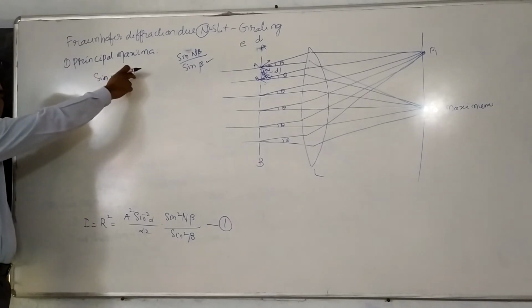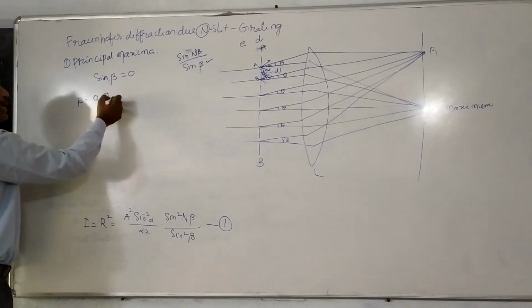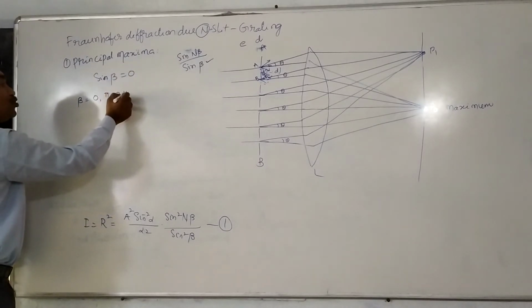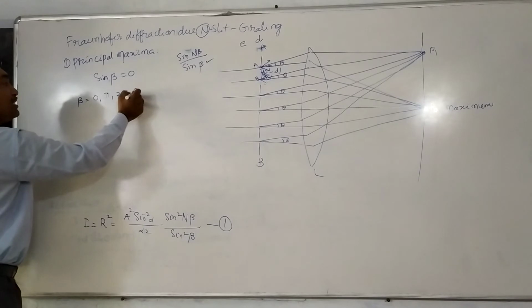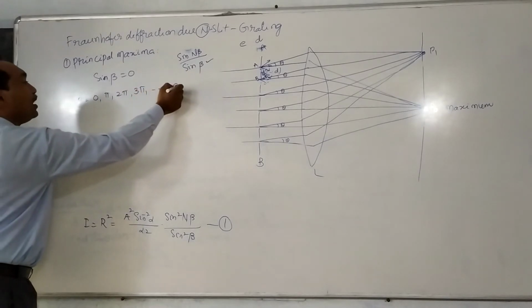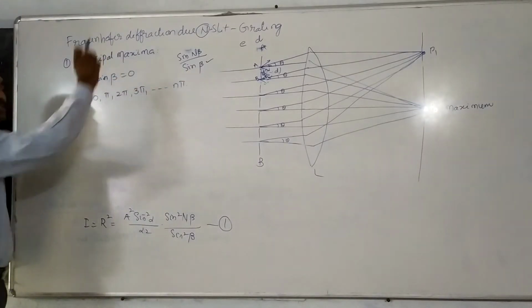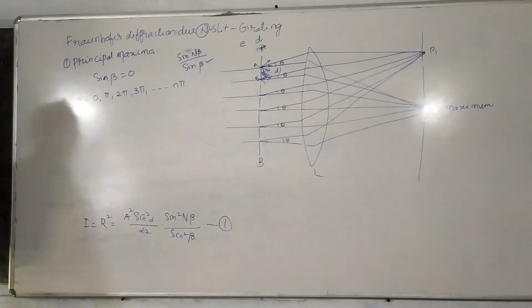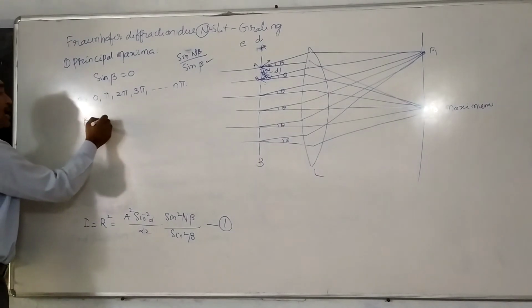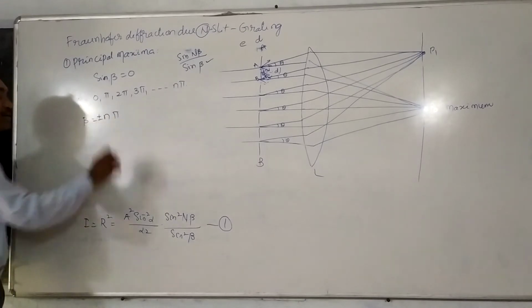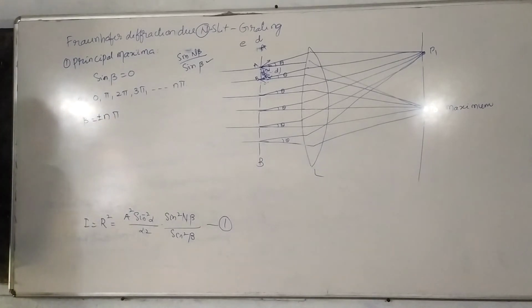Sin 0 is equal to 0, and sin pi, sin 2 pi, sin 3 pi, and so on, sin n pi is also 0. So beta is equal to n pi, of course, it may be taken as plus or minus n pi.